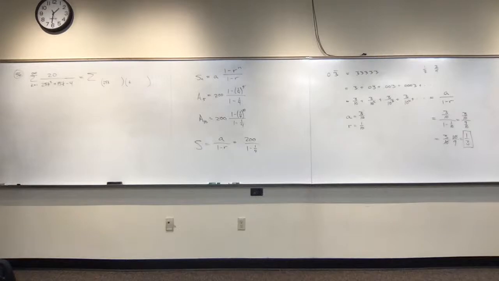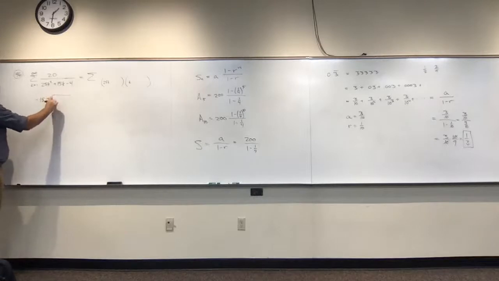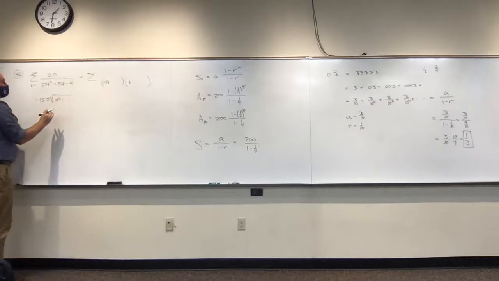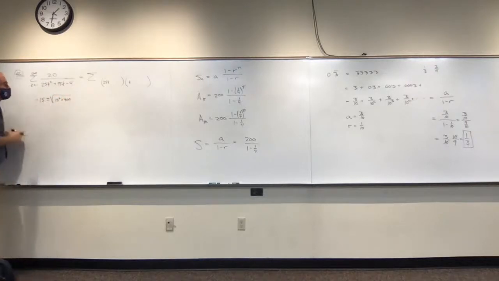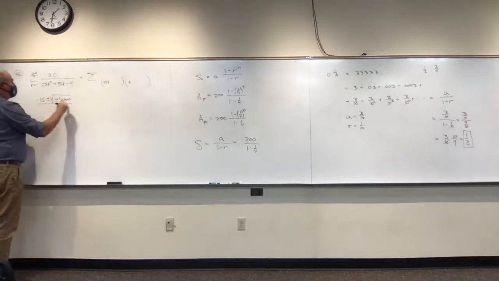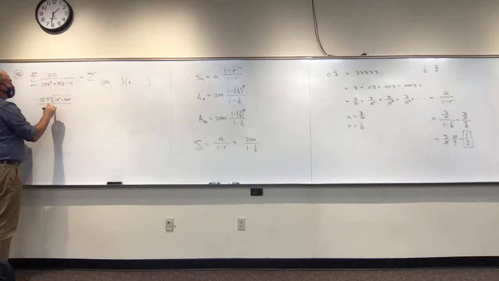That's a good way to do it. So what if you use the quadratic formula to factor it? That would be negative b plus or minus the square root of b squared, so 15 squared, minus 4 times a times c, which would give me plus 400, over 2a, which is 50.